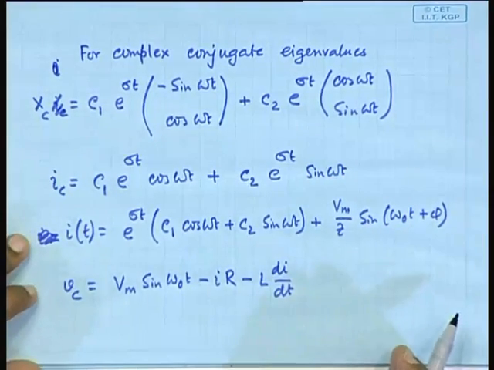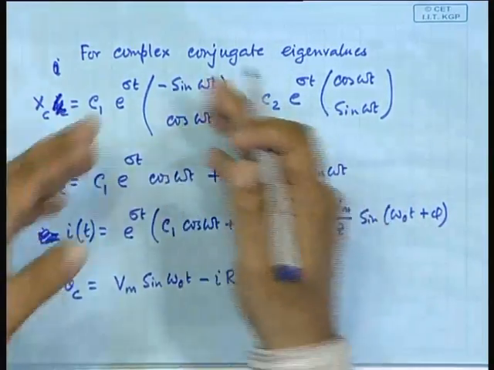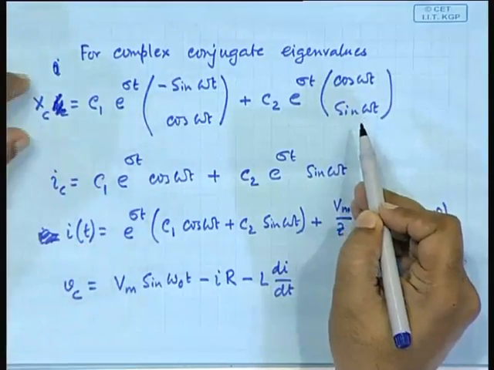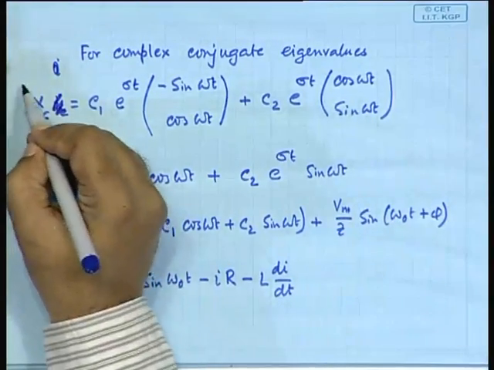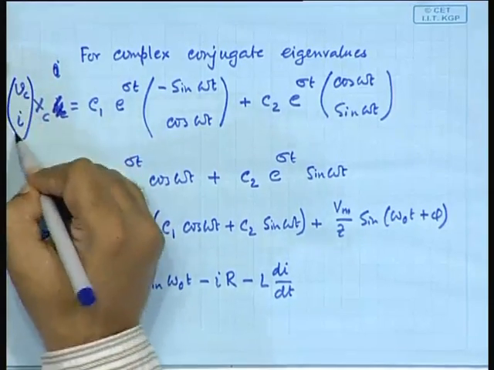How did you choose the second equation as the complementary function for IC? I mean, IC is equal to the second equation of that. This x c is actually a vector equation. The x c is actually V c I. This is x c.